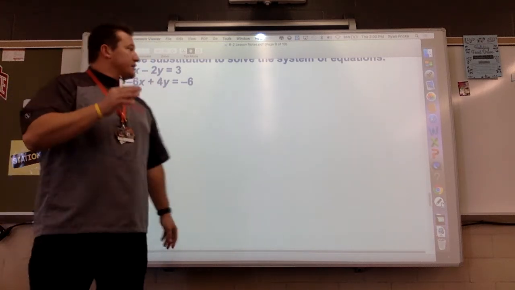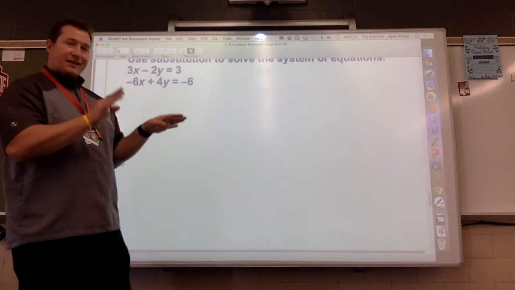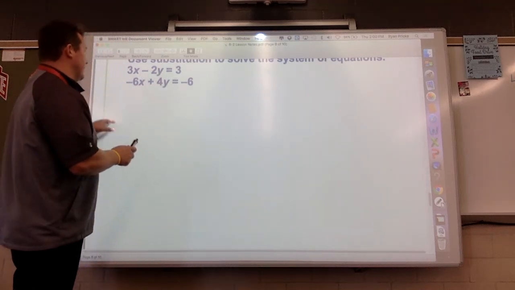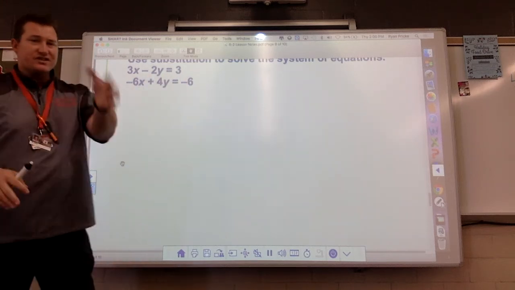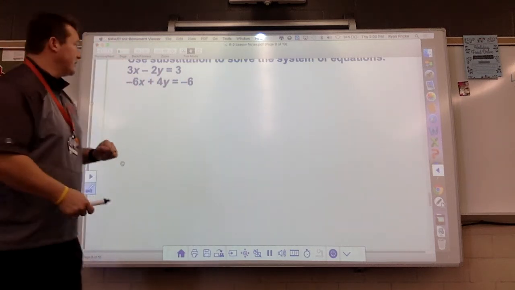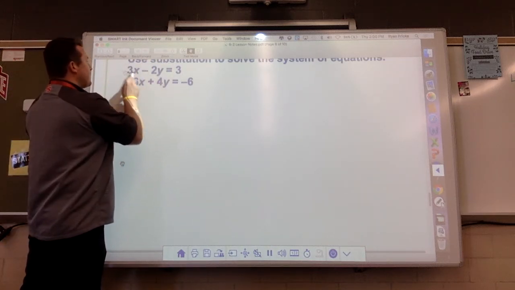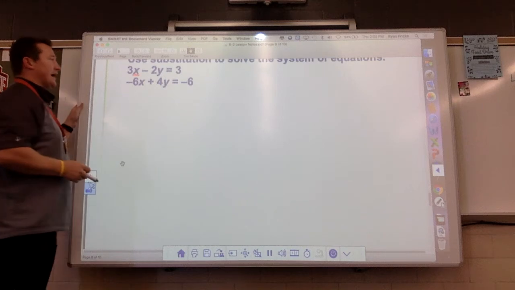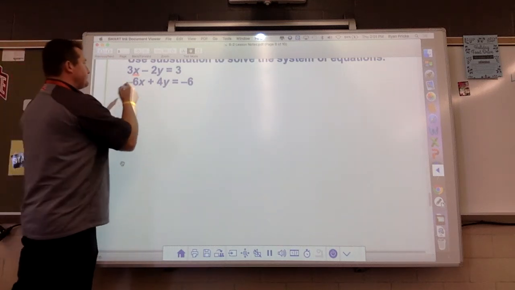Okay? So this is where tomorrow's method, elimination, will come in, all right? But for now, we're going to solve this with substitution just to prove to you that it can be done. Just because we're going to get fractions, guys, I don't want you to worry. I'm going to solve this top equation for x. And guys, it really doesn't matter at this point. They're all bad.